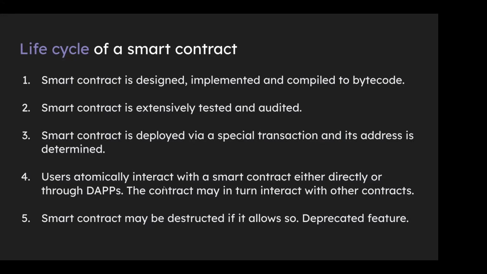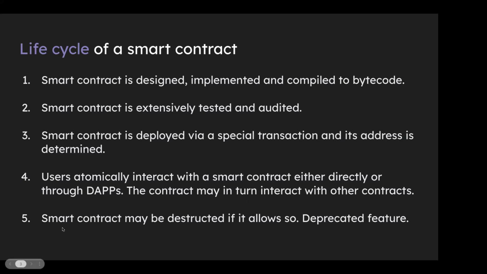Every smart contract may call another smart contract, or may even call itself. And those interactions are completely atomic, meaning that if any of those smart contracts fails to execute or reverts, then the whole transaction reverts, and the state that was changed will be reverted to the original state before this transaction.